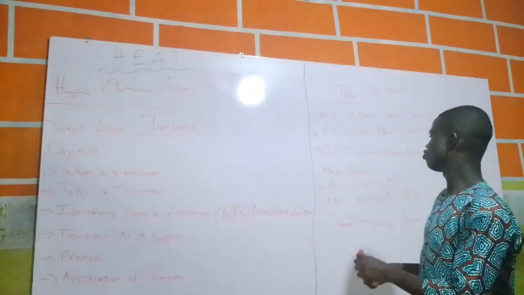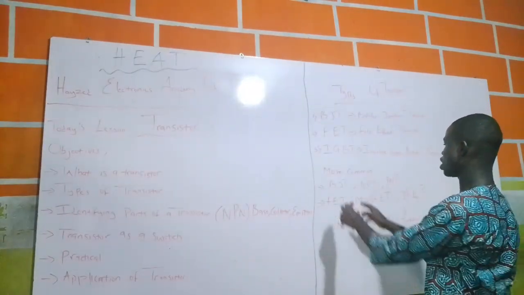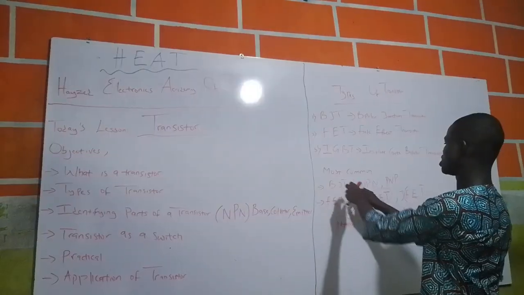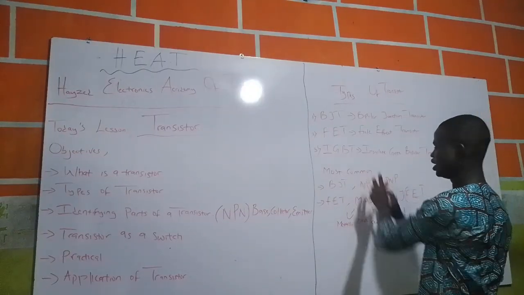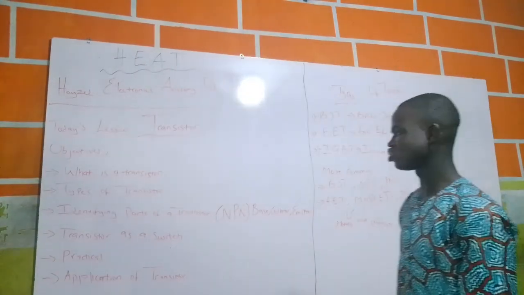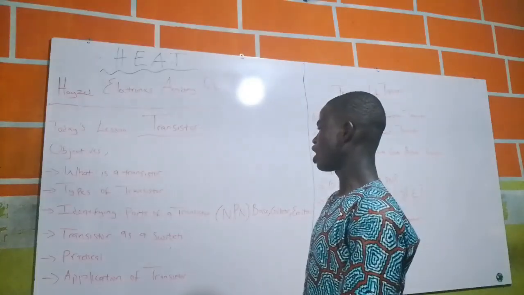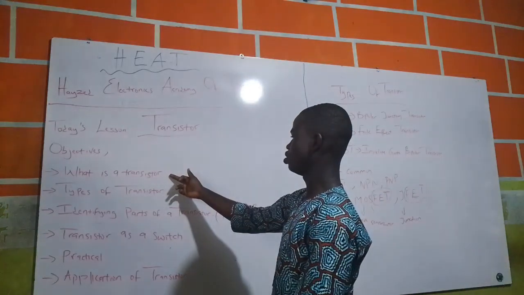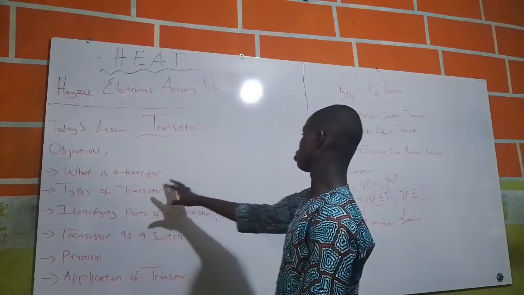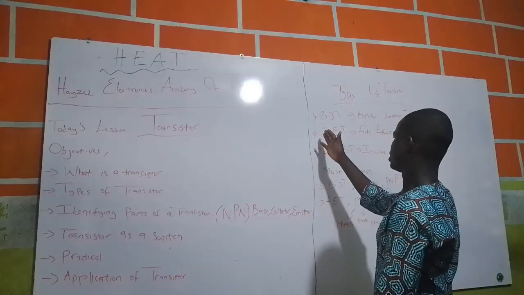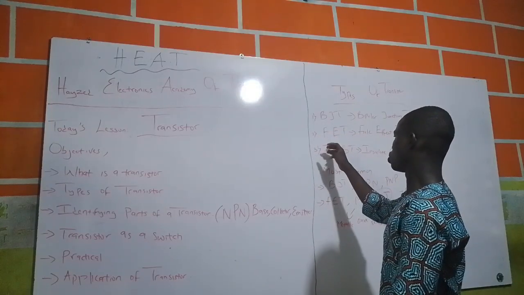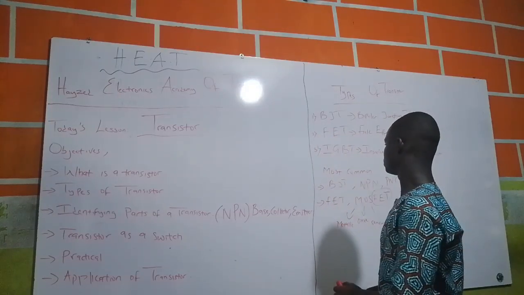So for this class, we're going to be discussing the BJT transistor, focusing majorly on the NPN transistor. We have discussed what a transistor is and the types of transistor, which are the BJT, FET, and IGBT.